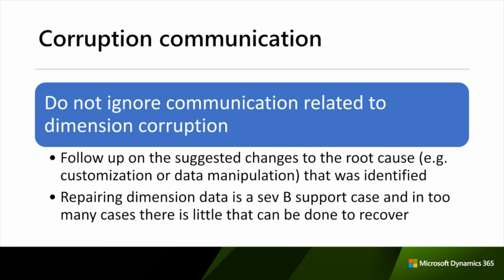One final note is that with the triggers and maybe other things, we will communicate with customers that we noticed an attempt to do corruption or something that is causing corruption, and don't ignore those communications. Follow up on the changes to the root cause.